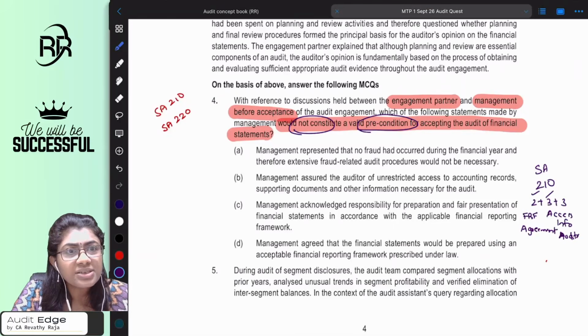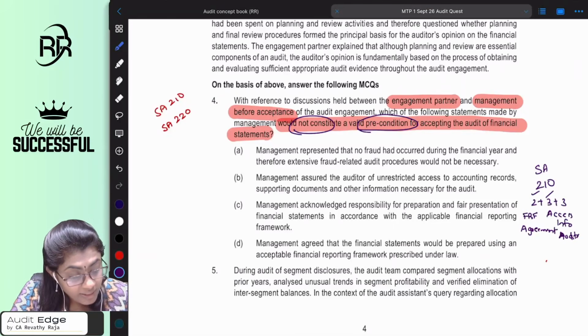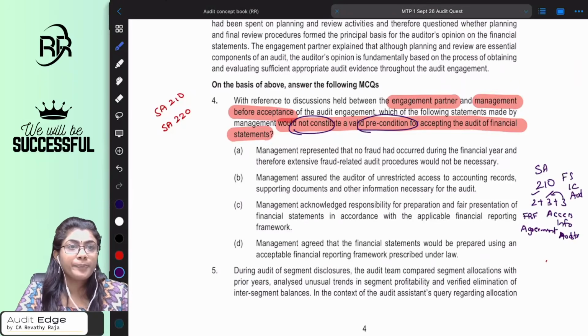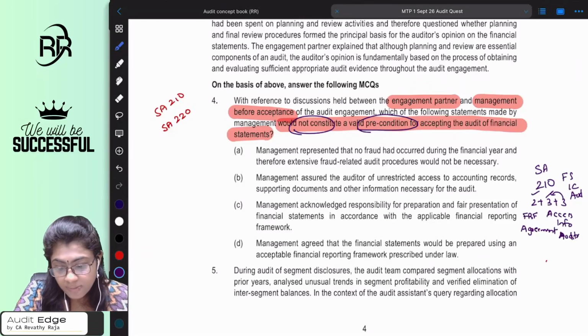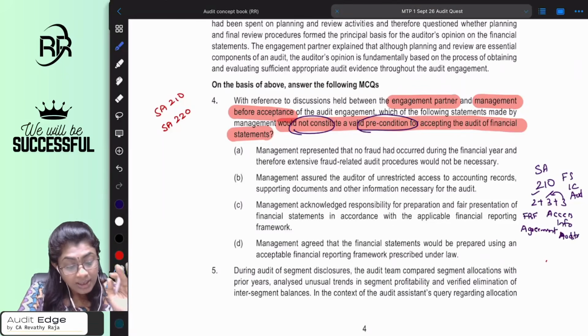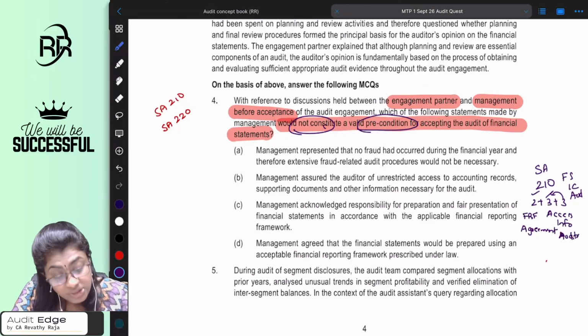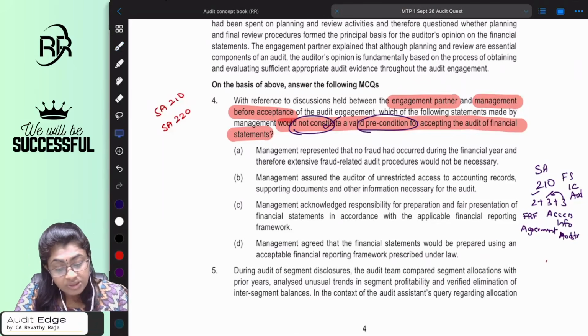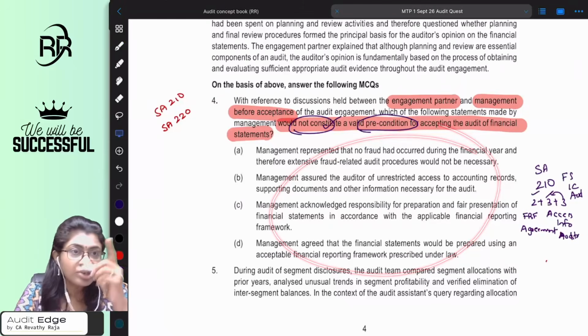You remember all these conditions? Then in the agreement, they will say they will prepare FS, they will design control, and they will provide it to the auditor. So I'm just saying 2 plus 3 plus 3 conditions. Hello, do you remember these conditions? Now they want which is not a precondition. Out of this, you have to say which is not a precondition.